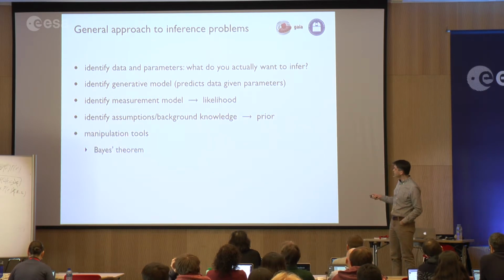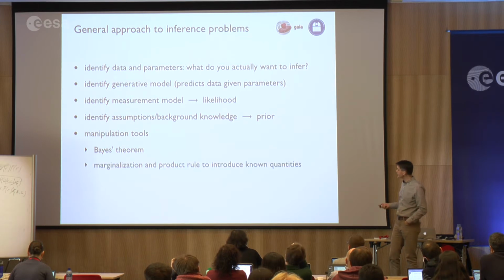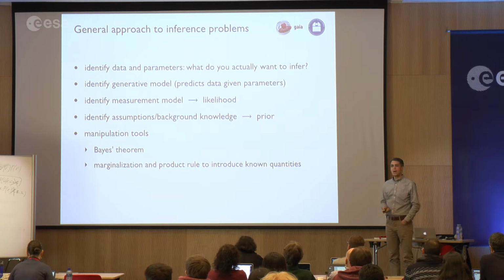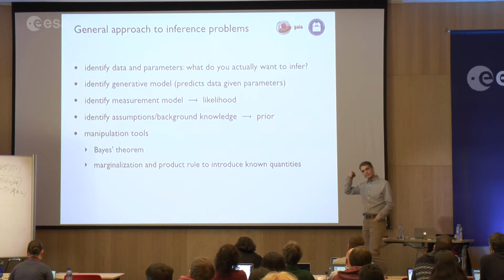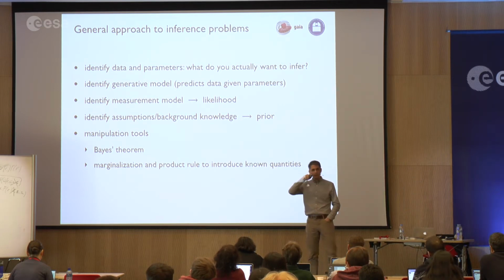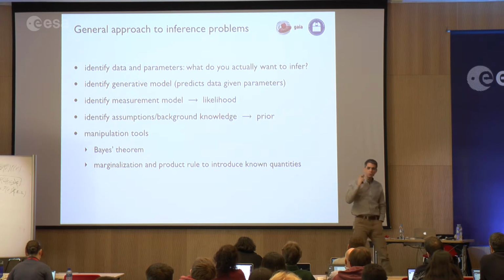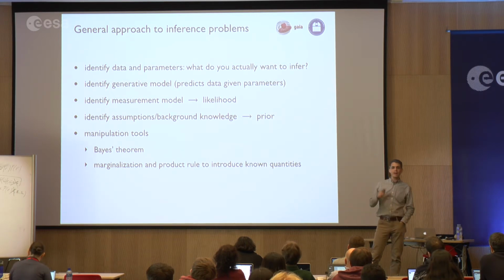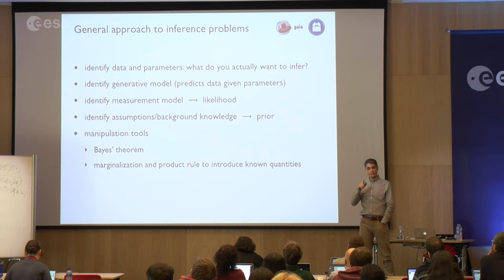And then the manipulation tools I used, of course, were Bayes' theorem, marginalization, and the product rule to introduce unknown quantities. This is the perhaps slightly difficult conceptual step: often you will introduce quantities you don't know and then marginalize or integrate over them. It sounds a really stupid thing to do, but the reason we do it is because it allows us to write things down in terms of things we know.